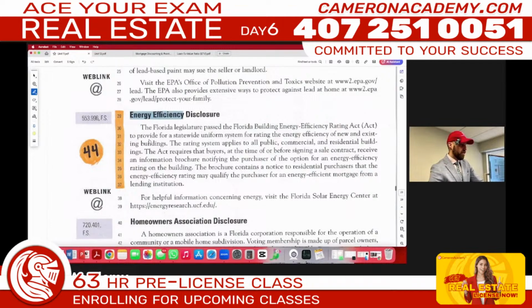Energy efficient homes, you have to provide a disclosure if the home qualifies for these benefits that are part of energy efficiency. We're talking about foam insulation, good insulation in the ceiling and the walls, energy efficient water heater, appliances, AC unit, high SEER rating, solar panels.